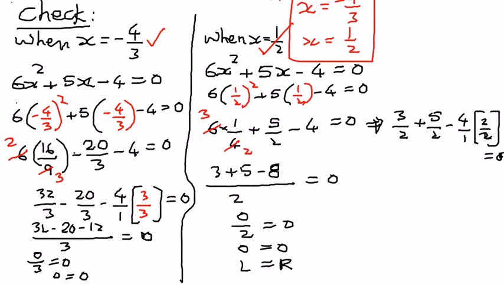We went one step beyond, and we checked the solution by substituting one at a time into the given equation, and then making sure that the left hand side of the expression is exactly equal to the right hand side of the expression. So in my next presentation we shall look at some more examples related to solving quadratic equations by factoring.